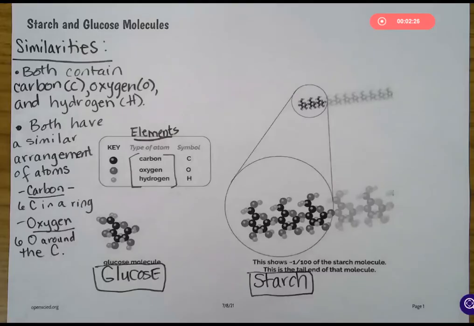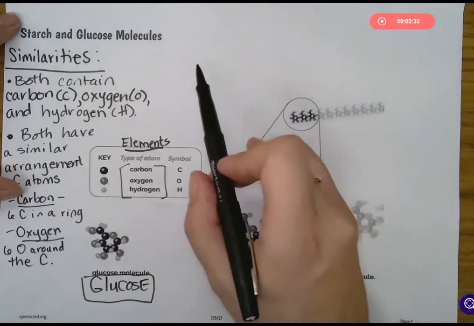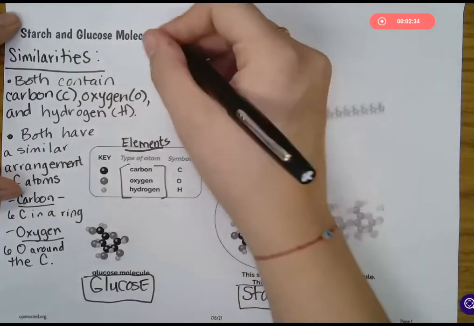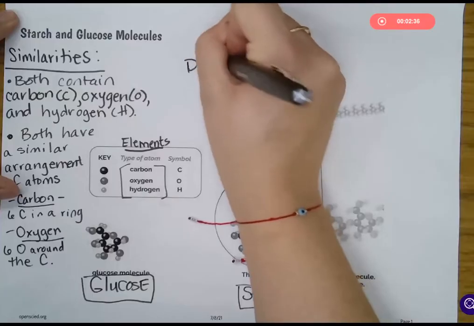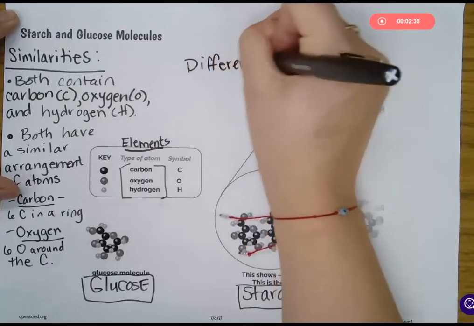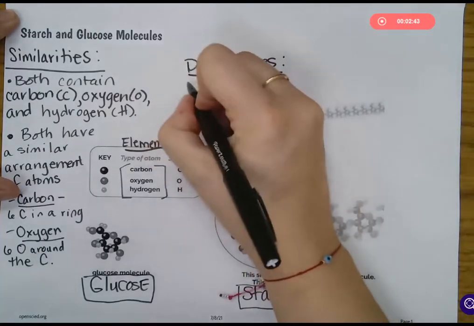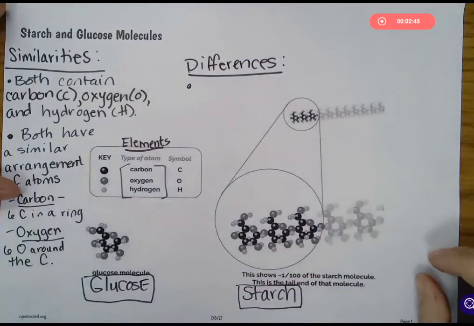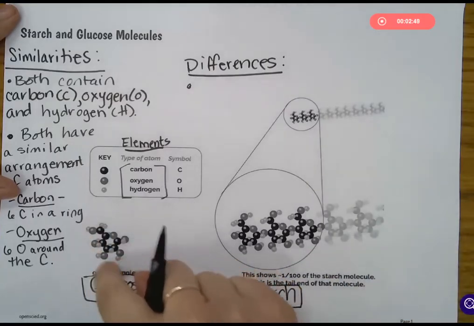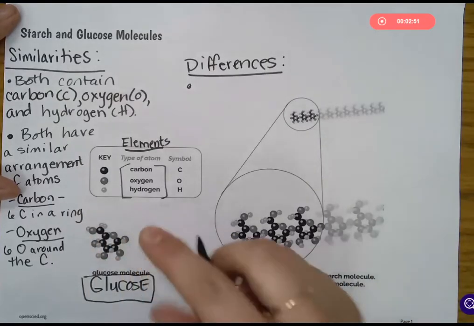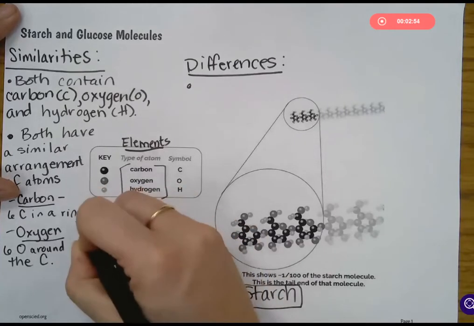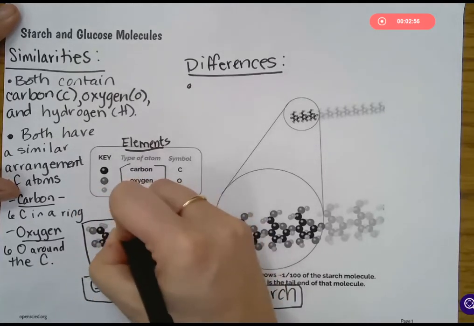All right, let's think about differences. So what are some differences? We can put our differences right here. All right, what's a first difference? Well, this is a whole glucose molecule all by itself. So just this is a glucose.